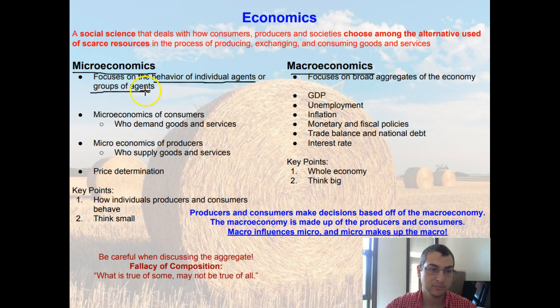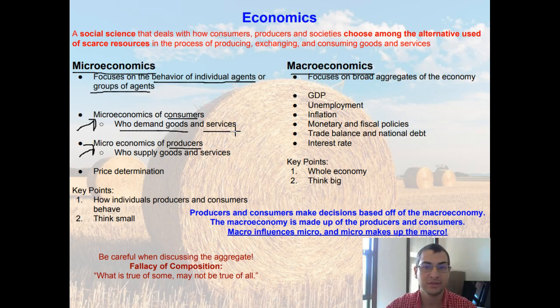Microeconomics can be broken up into two main sections. The first one is microeconomics of consumption, and then microeconomics of production, or microeconomics of consumers and microeconomics of producers. Consumers are those that are going to be buying the goods and services. Those are those who demand the goods and services.